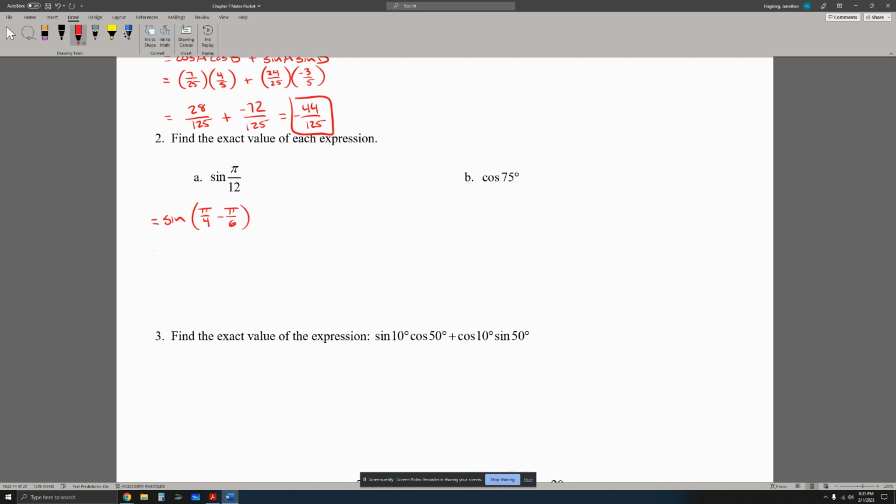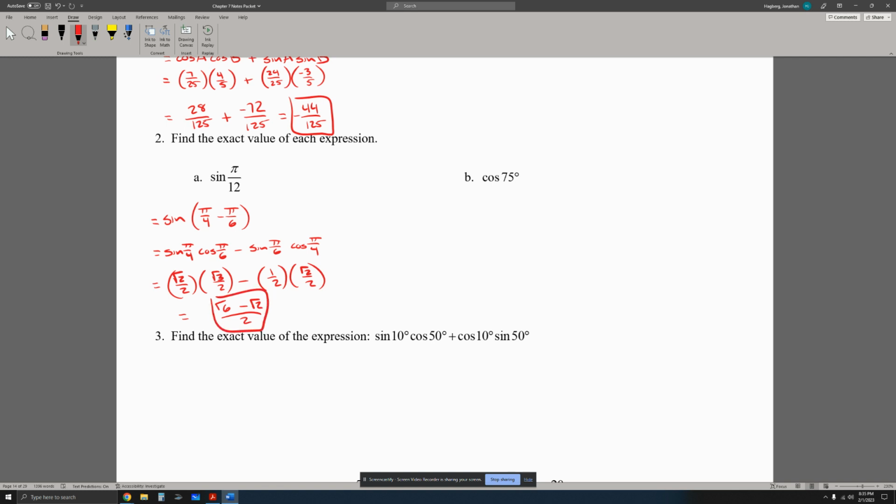So we have the sine of pi over 4, cosine of pi over 6, minus sine of pi over 6, cosine of pi over 4. So this is equal to root 2 over 2 times root 3 over 2 minus 1/2 times root 2 over 2. So all in all, this is equal to root 6 minus root 2 all over 4.